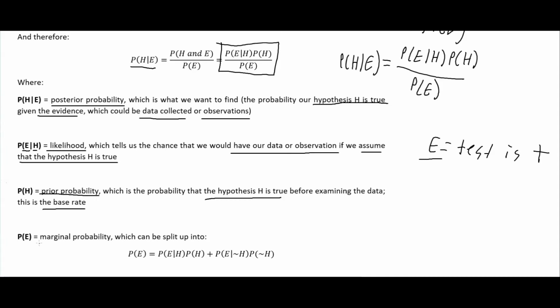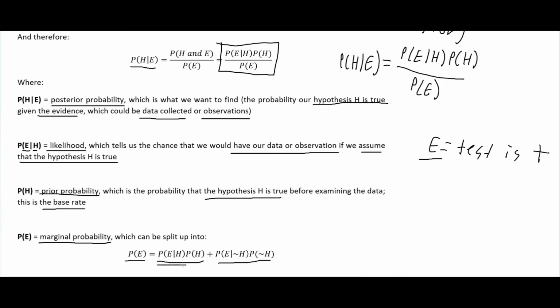And sometimes this is thought of as a normalizing factor here. So that is the probability of getting the evidence, which we can also think of as breaking it down this way. So the probability of getting the evidence given that the hypothesis is true, plus the probability of getting the evidence given that the hypothesis is false.